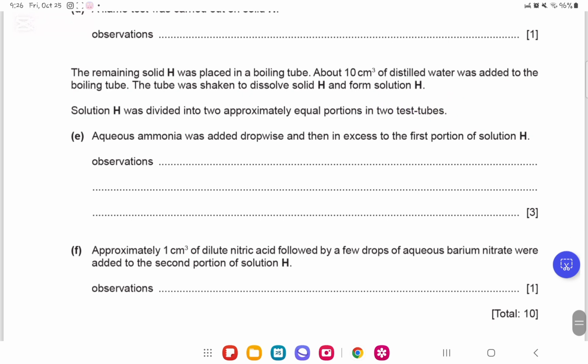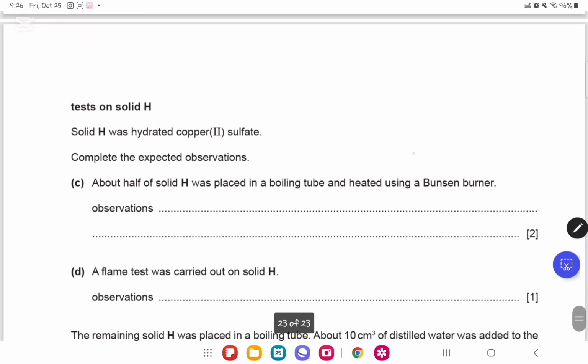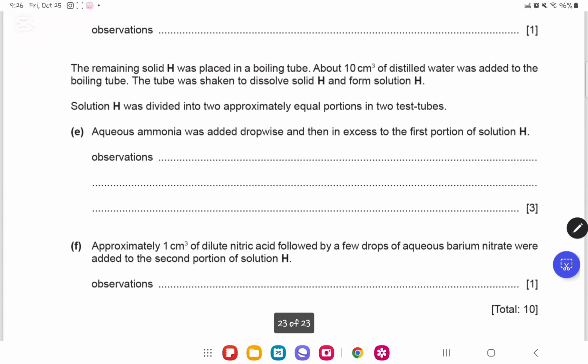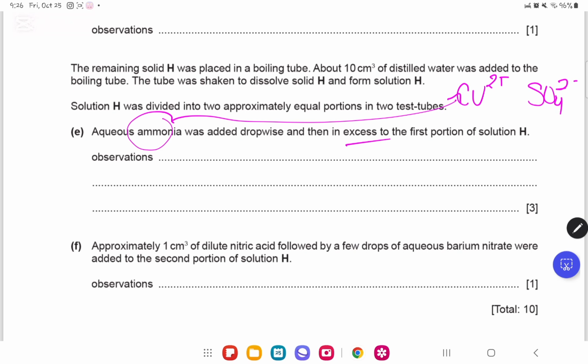So remember, we have hydrated copper sulfate. Cu2+ is one of the ions and SO4 2- is the other, and of course we added water. They did some experiments. Now let's see. They added ammonia, and then excess ammonia, to Cu2+. What happens?